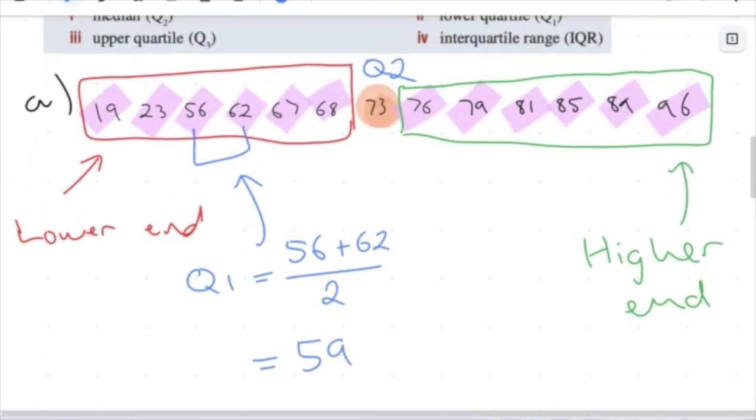And we want to do the same thing for our upper end. We want to find the middle of the upper end. So I see once again, because this is split perfectly in the middle, I have 6 data points here. So I want to find the average of the two middle ones here.